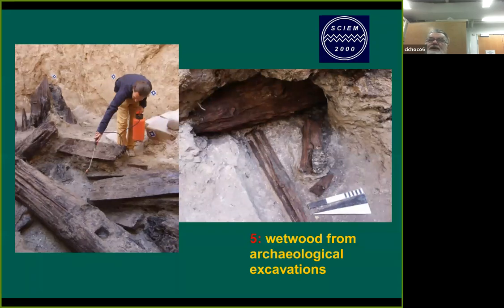And this is a unique situation for the Levante, of course, we also had a source of wet wood, because in the palace of Katna, there was a well which was completely filled up. And when it was excavated, the archaeologists found big beams or remains of big beams at the bottom of this shaft.